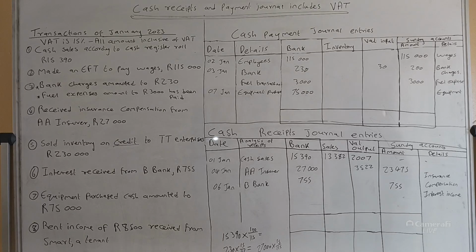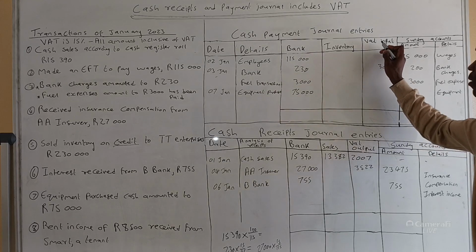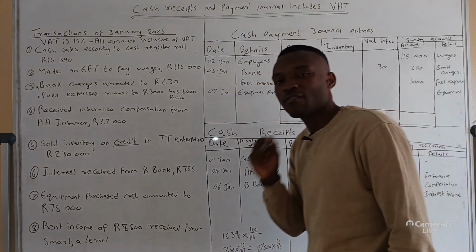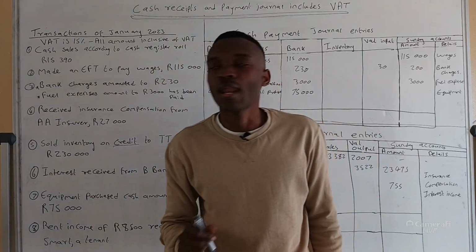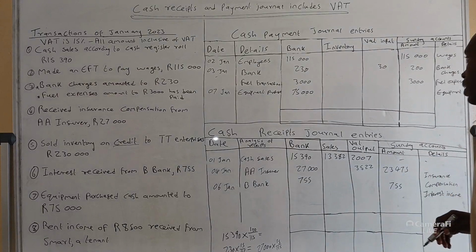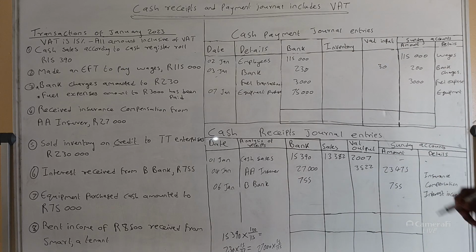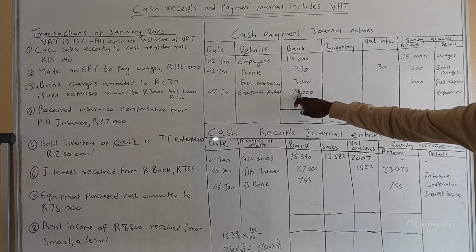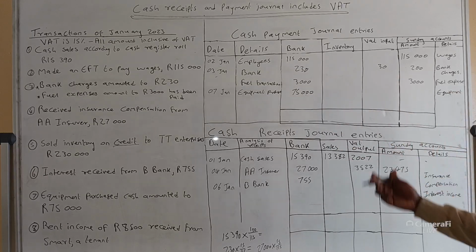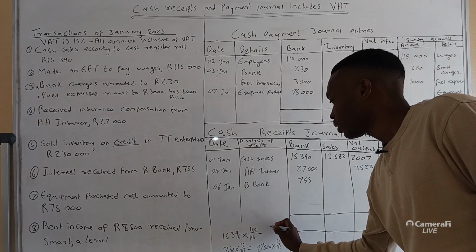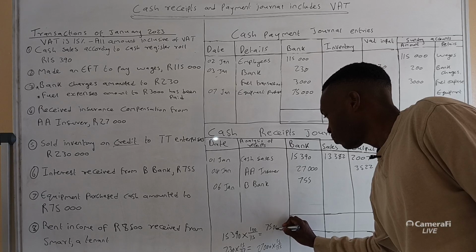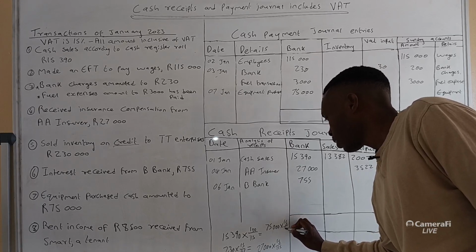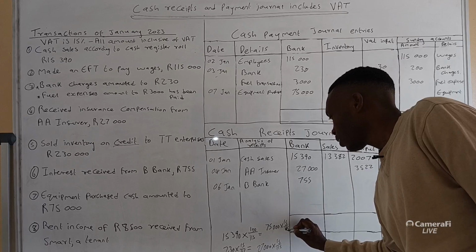Okay, now let's check this. Do we have to claim? Remember I said VAT input is to claim VAT from SARS. Do we have to claim when we purchase equipment? Yes, it's allowed. We have to calculate VAT input in this case, which means that for the VAT input, you just say 75,000 multiplied by 15 over 115, apologies.